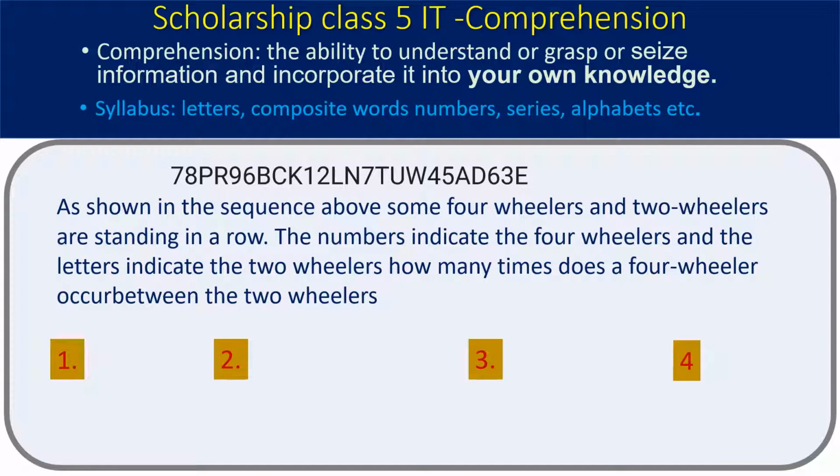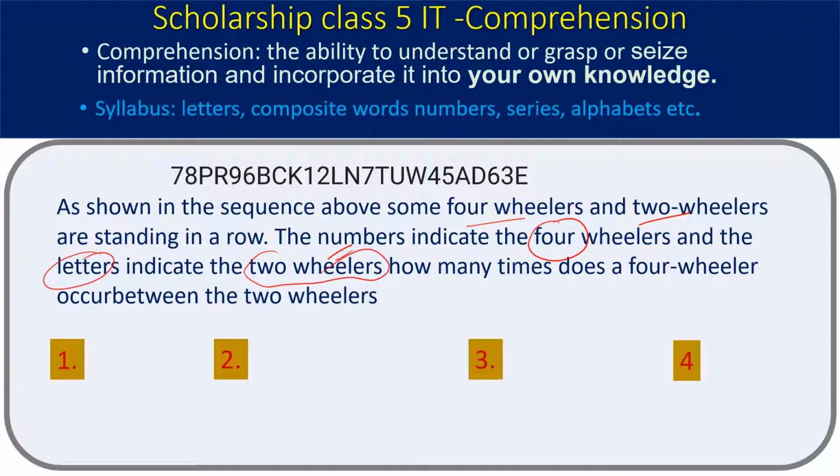What is this? As shown in the sequence above, some 4-wheelers and 2-wheelers are standing in a row. In this sequence, the numbers indicate 4-wheelers, letters indicate 2-wheelers. Okay.